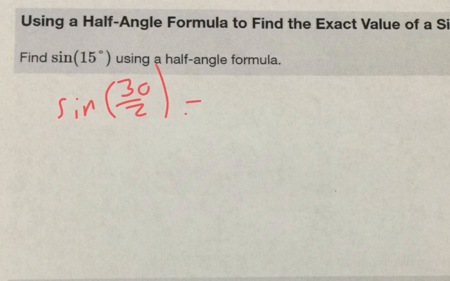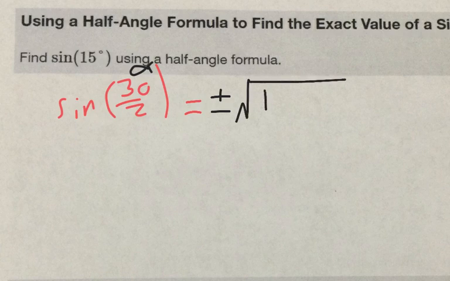Now then, because it's in the form of the half angle formula, that means 30 is my alpha. So looking at the formula, I have plus or minus the square root of 1 minus cosine of alpha, which is 30, over 2.